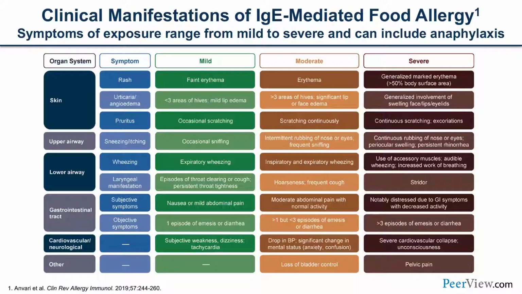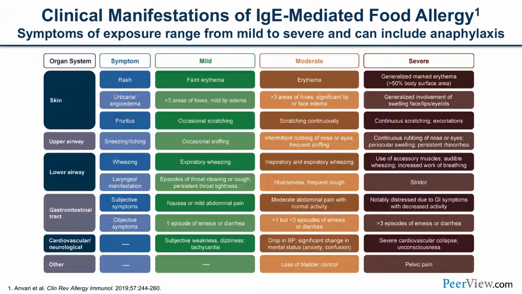The clinical manifestations of IgE-mediated food allergy can vary from mild to severe reactions and can involve organ systems from head to toe. Most commonly, skin is involved, and you can have rashes or hives or urticaria. You can have swelling of the lips or swelling of the tissues as part of an allergic reaction.